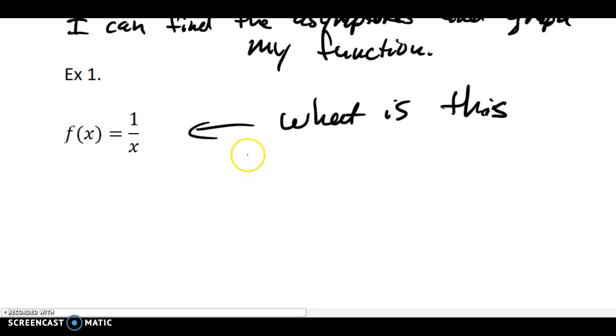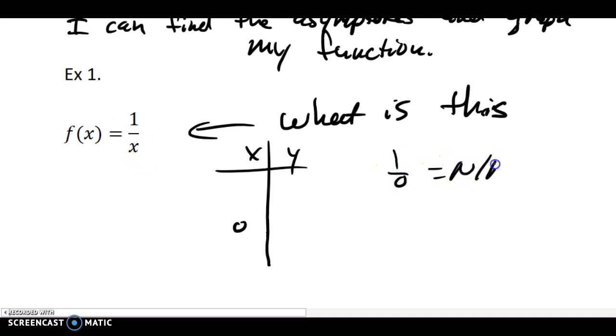So I'm going to start picking some numbers. I'm going to start with 0, kind of in the middle. When I put a 0 into my equation, I get 1 over 0, which doesn't mean anything. It's not applicable. I can't do it. It's an error, or it's going to be our asymptote. Okay? And then I'm going to put in a 1.